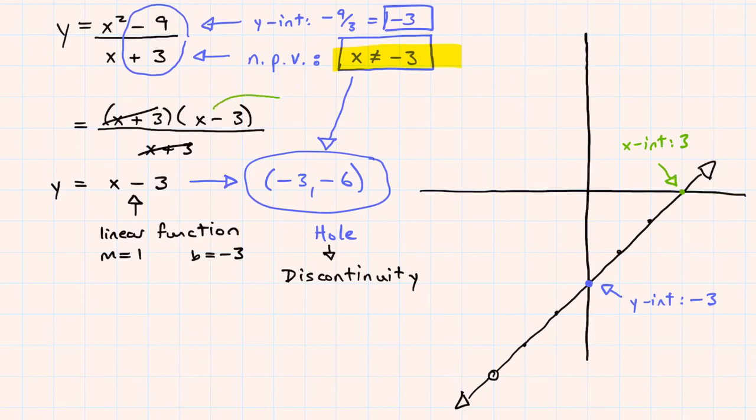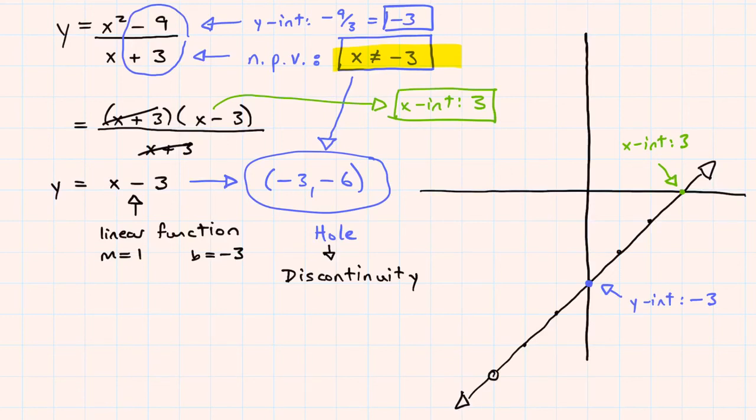So where does it come from? If we look at our numerator, x-intercepts always come from the numerator. Anything that'll make the numerator equal 0 that doesn't get canceled out is an x-intercept. If it gets canceled out, then it's a non-permissible value and it's a hole. If it doesn't get canceled out, it's an x-intercept. Domain's easy.